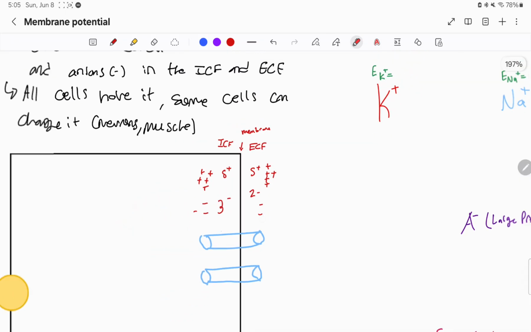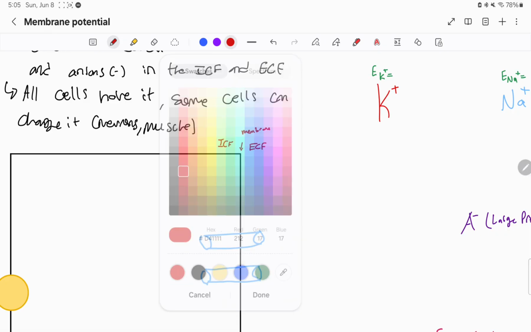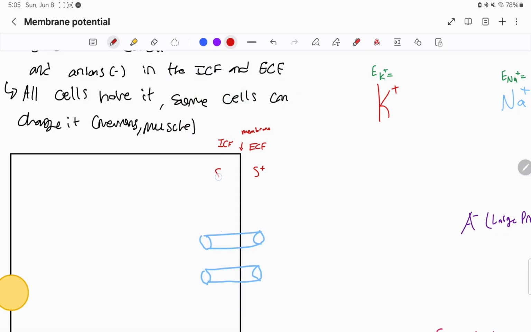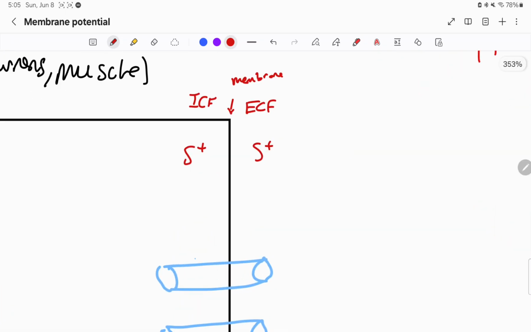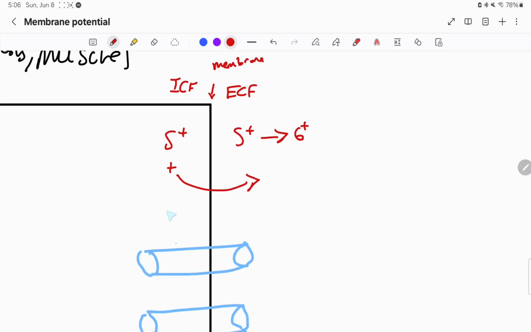Okay? Great. So, imagine this. Let's take the scenario again. I have 5 positive and 5 positive. Okay? So 5 positive charges outside, 5 inside. If a positive charge from this side happens to leave the cell, okay, what happens? The outside gains a positive charge and becomes 6 positive, and this side loses a positive charge, so it becomes 4 positives.